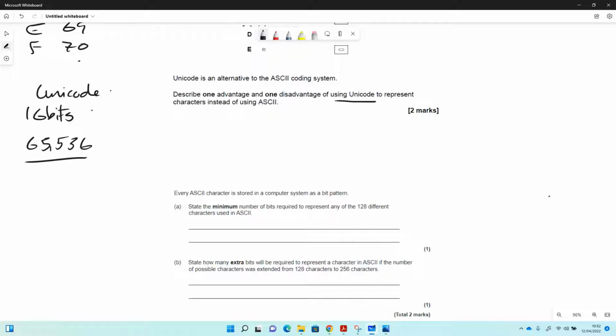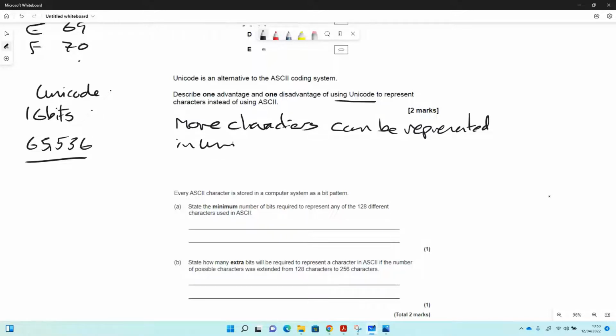So we could say an advantage is more characters can be represented in Unicode.